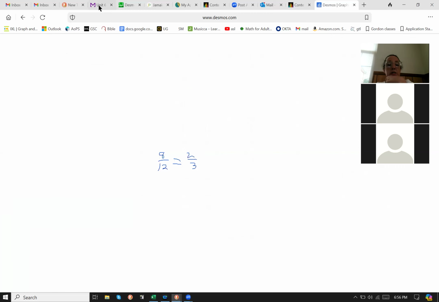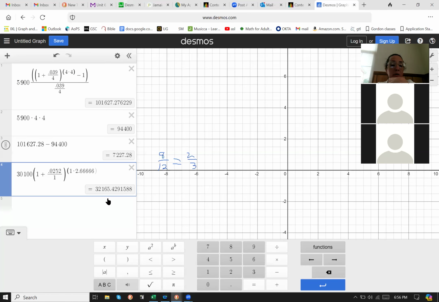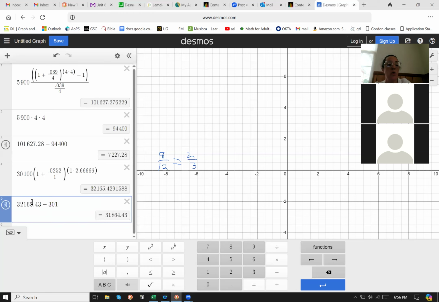Okay, and now we just need to see what else they want. How much interest will be charged on the loan? So if the amount borrowed is $30,100, but the amount paid was $32,165.43. So we're gonna need to take that, and we'll subtract off the $30,100, which is how much was borrowed.